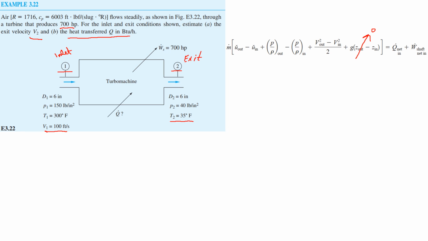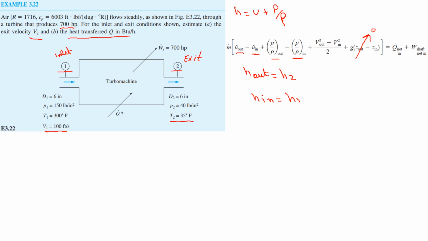We need to combine some terms to write them in terms of enthalpies, and we know that enthalpy H is equal to U plus P over rho. That is our density rho. So we will combine the internal energy at the outlet and the pressure over density term at the outlet and write them as H at the outlet, or H2, and also for the inlet we will combine the internal energy and the pressure over density term at the inlet, so H in will be equal to H1.